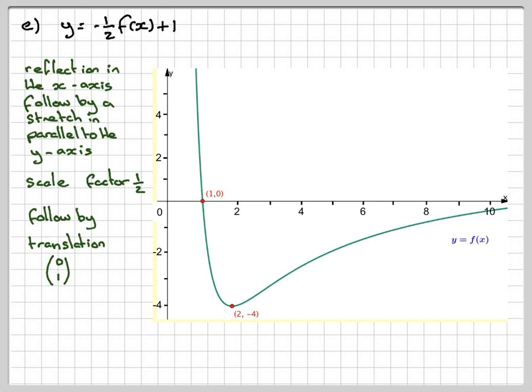Okay, so this point is reflected in the x-axis. We can't stretch it parallel to the y-axis because it's actually on the origin, but we can translate the point (0, 1).